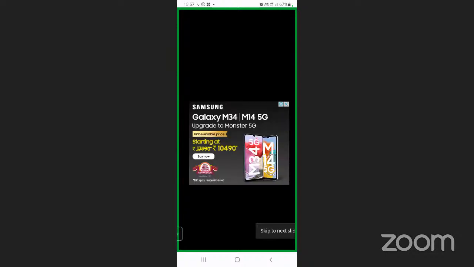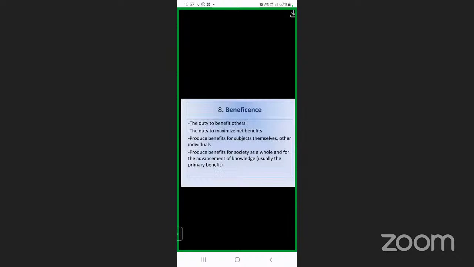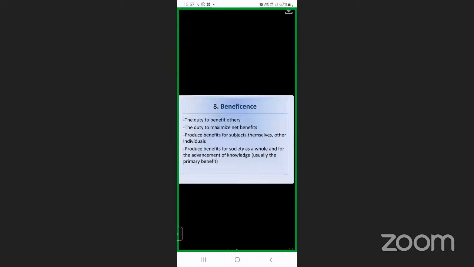The beneficiaries, if we see the beneficiaries, so the duty to benefit others. Research is not only for the objective of getting the PhD degree for the researcher. This is not the objective, and he is not the beneficiary. The beneficiary must be someone else.